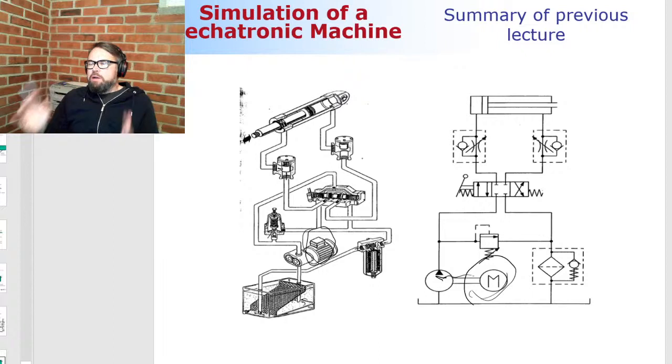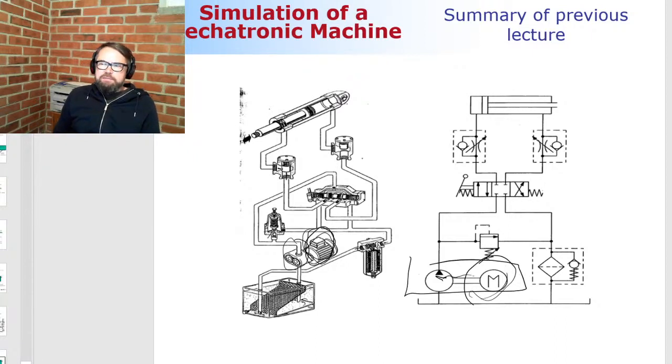Now, how we describe hydraulic circuits will be based on these hydraulic symbols. So we're not going to show the motor or the pump like they are shown here in a 3D figure, but instead we will use those drawing symbols.